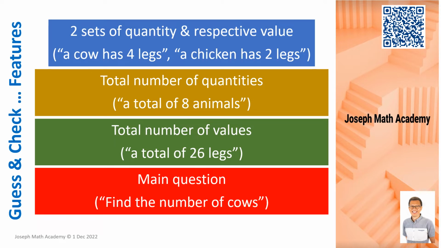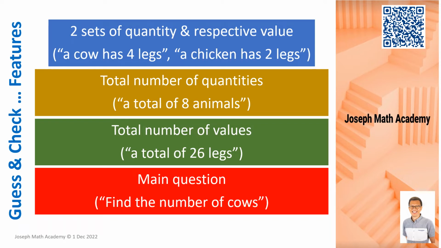The second feature that we get to see will be the total number of quantities. If we know that there is a total of 8 animals in a farm, and the animals are cows and chickens, then that will be a good idea to use guess and check.